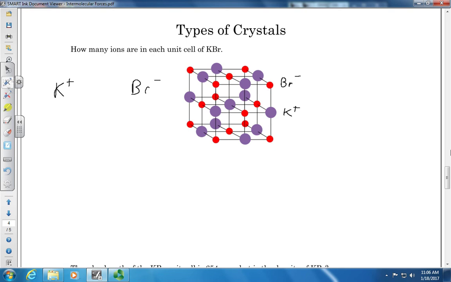So for potassium, we have 1 in the center, and it looks like we have 12 on the edge. And for bromide, we have 6 on the sides, and it looks like 8 on the corners.